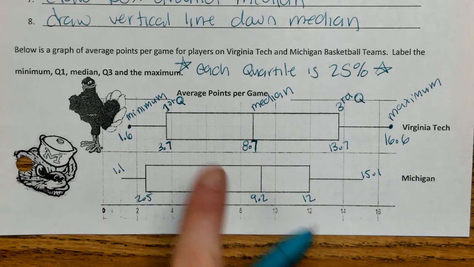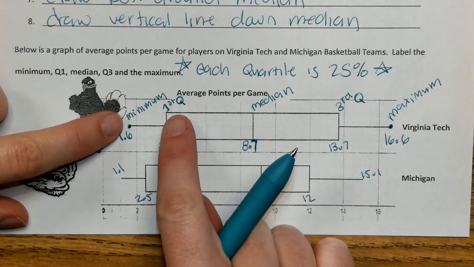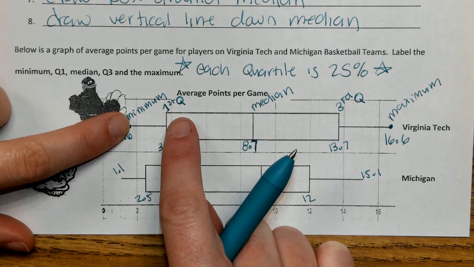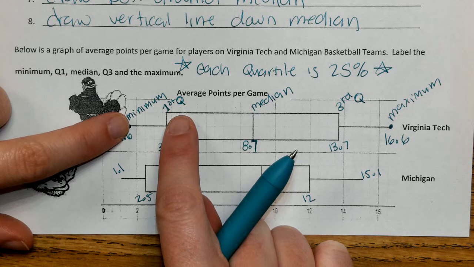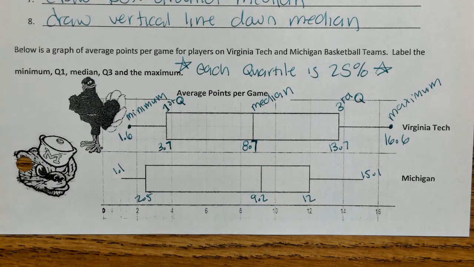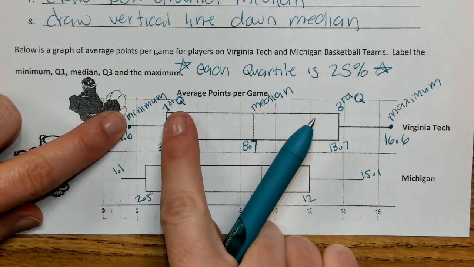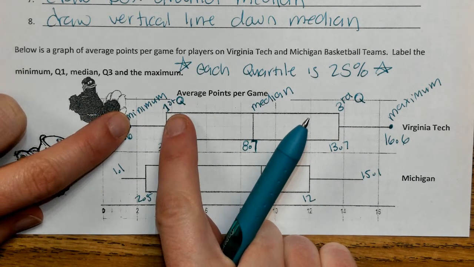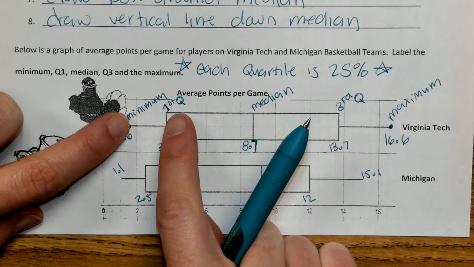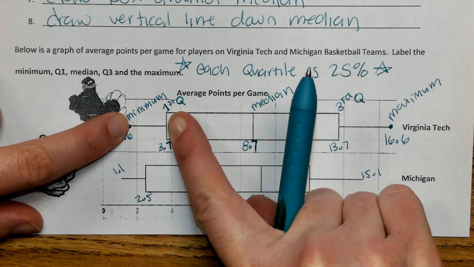Down here, between 1.6 and 3.7, what percent of numbers is between those two? 25%.